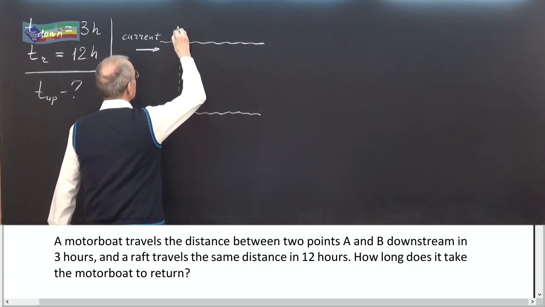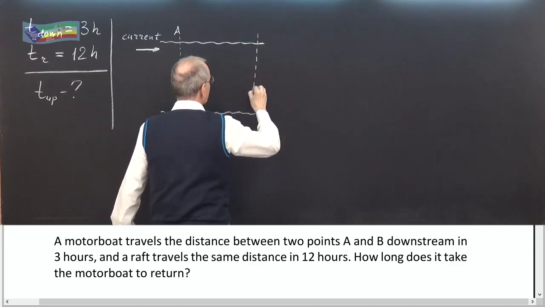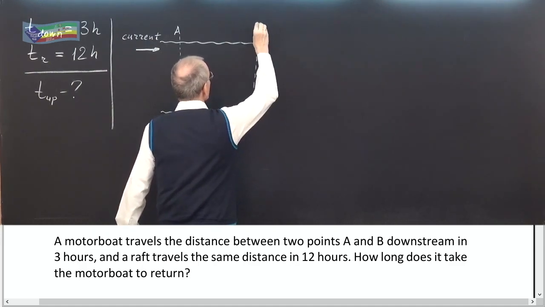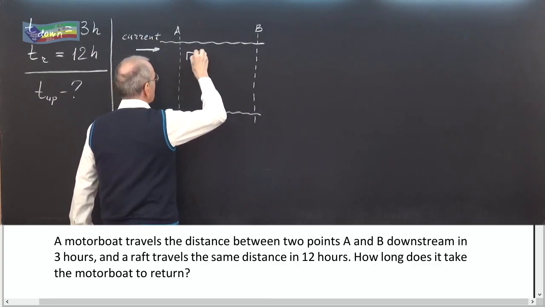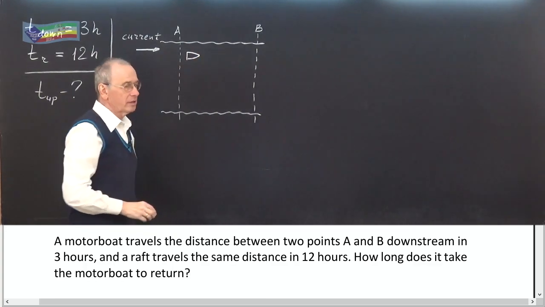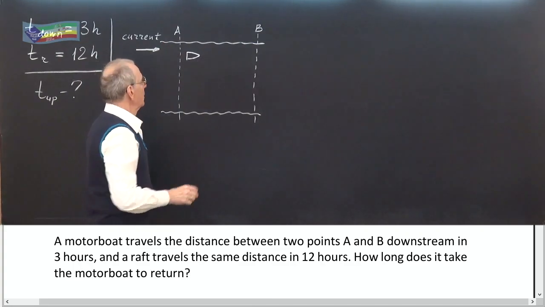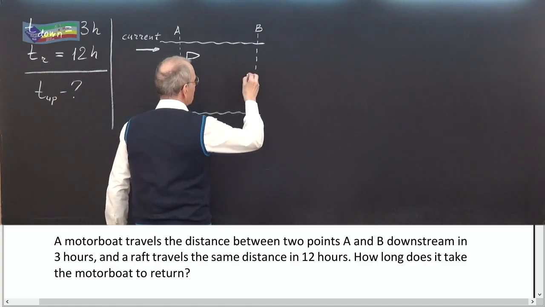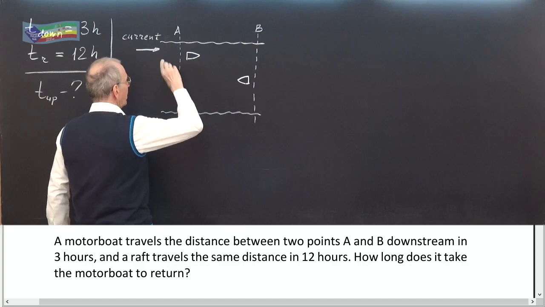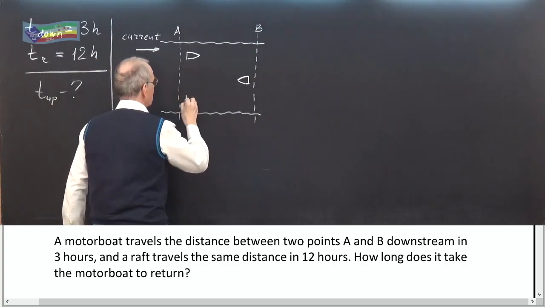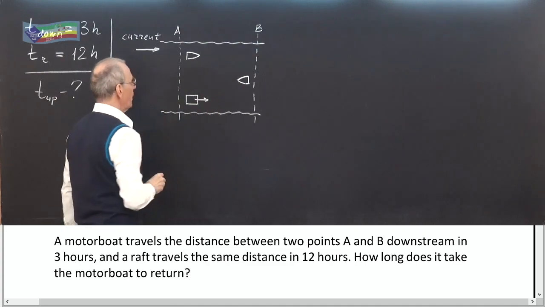Point A, point B. Motorboat traveling from A to B. Motorboat traveling from B to A. And the raft traveling from A to B.